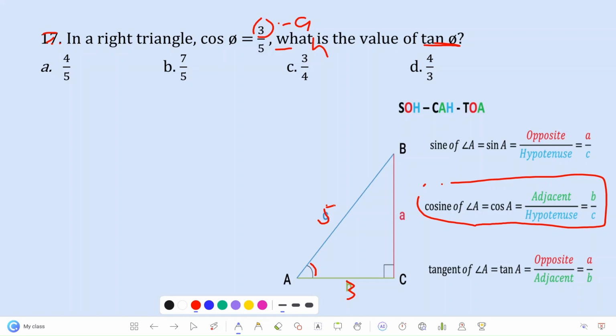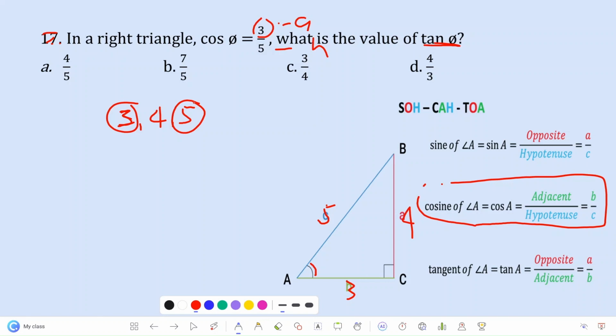So, meron tayong Pythagorean triple na 3, 4, and 5. So, automatic na kaagad na ang A natin is 4 because given na yung 3 tsaka 5. Okay? So, nahanap na po natin ang isang side. So, this is a 3, 4, 5 triangle.